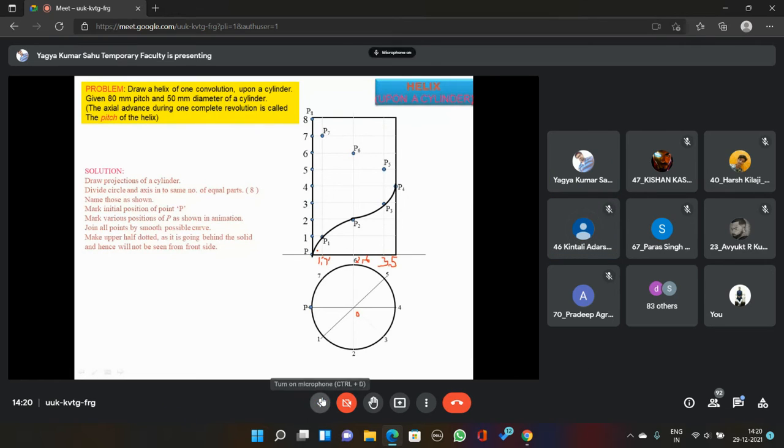Dotted line, because these are hidden features, or you can say hidden points. So join them with dotted lines. So this is your helical curve upon a cylinder. Easy.